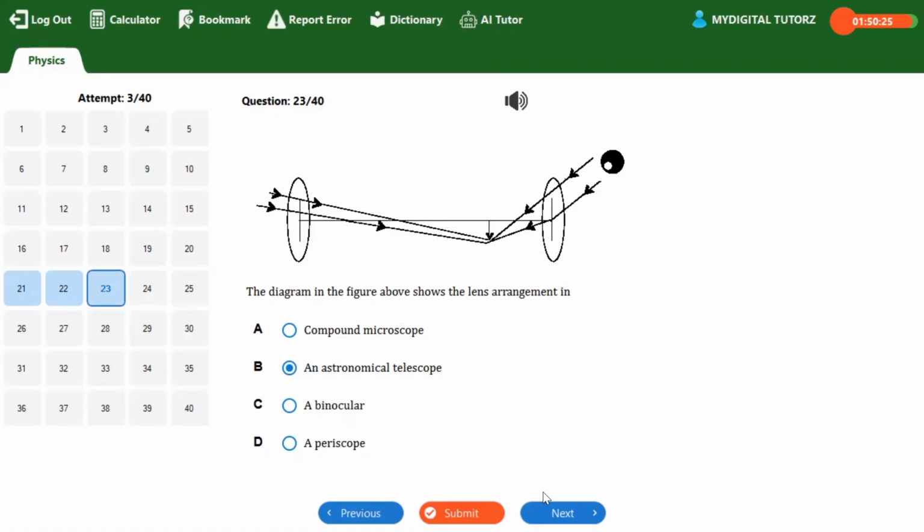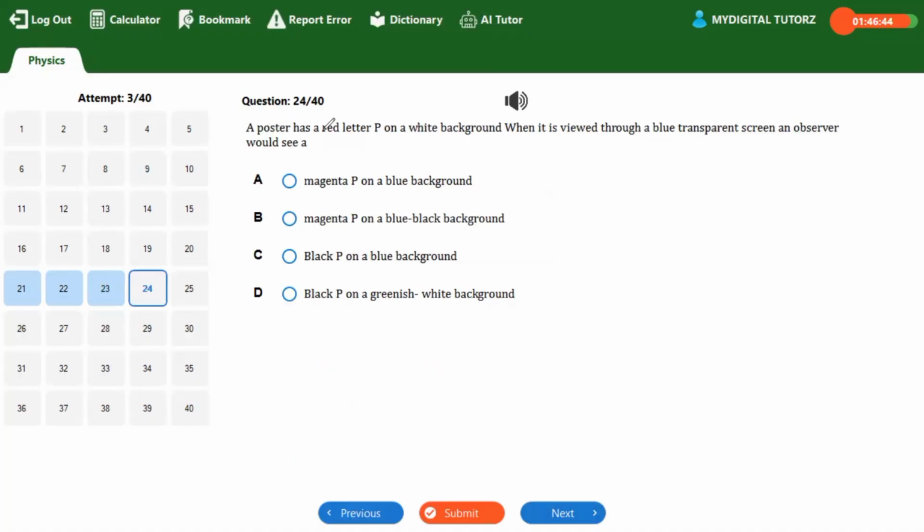Is that understood? So question 24 says, a poster has a red letter P on a white background. When it is viewed through a blue transparent screen, an observer will see A, a magenta P on a blue background, B, magenta P on a blue-black background, C, black P on a blue background, and D, black P on a greenish-white background.